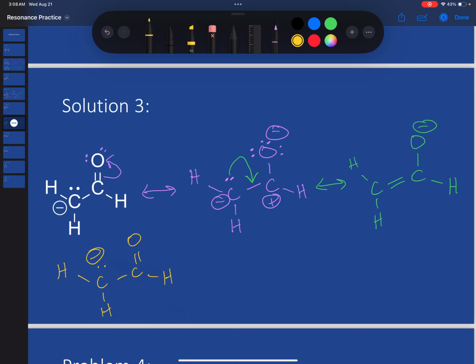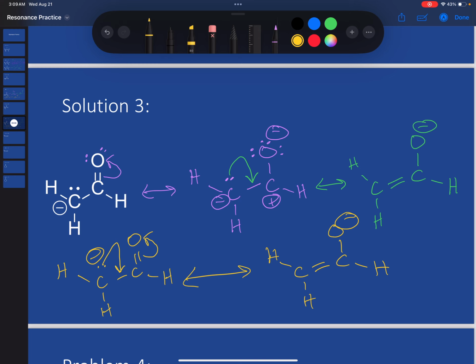And so I could have taken these lone pairs and created the pi bond. And at the same time, I would have broken the pi bond to the oxygen here. And that's how I go straight from that first resonance structure or the original compound given to that last resonance structure that we just drew above. So then I would have my negative charge and then I have my hydrogen.